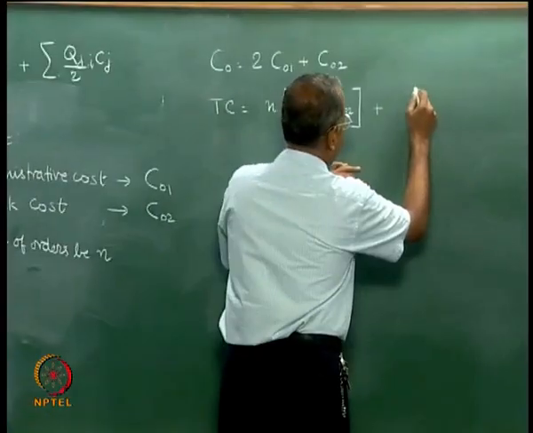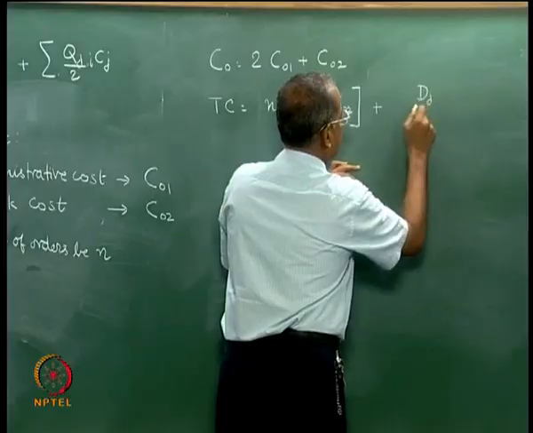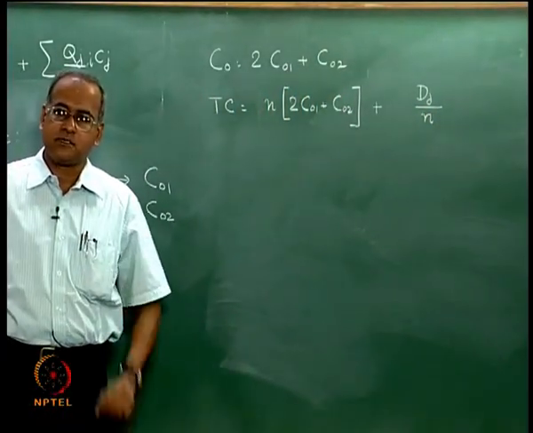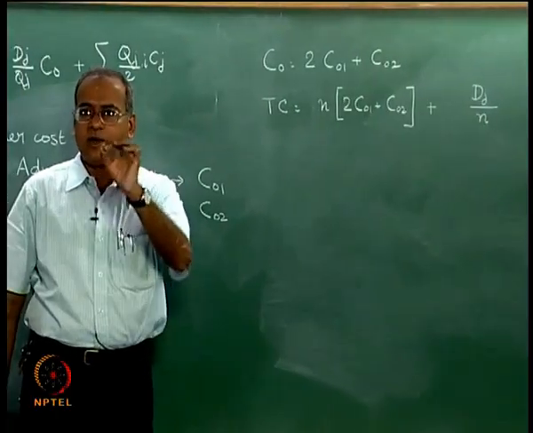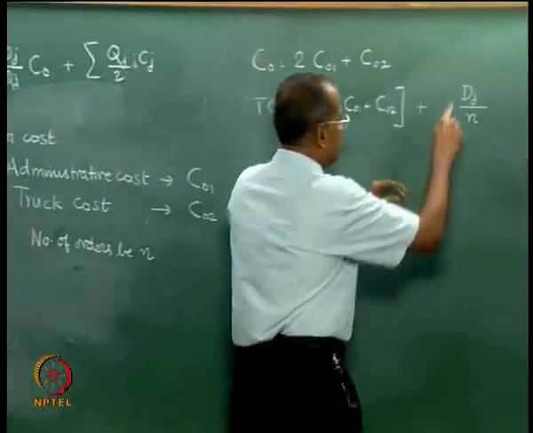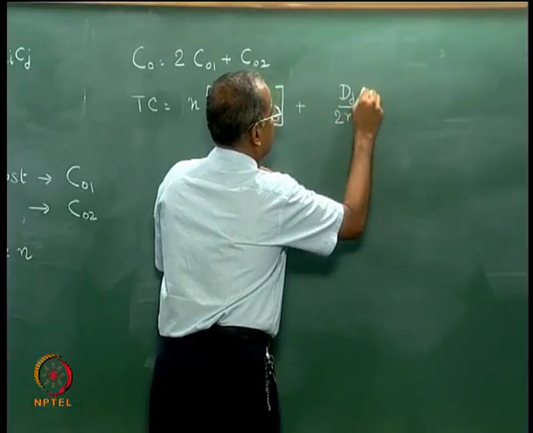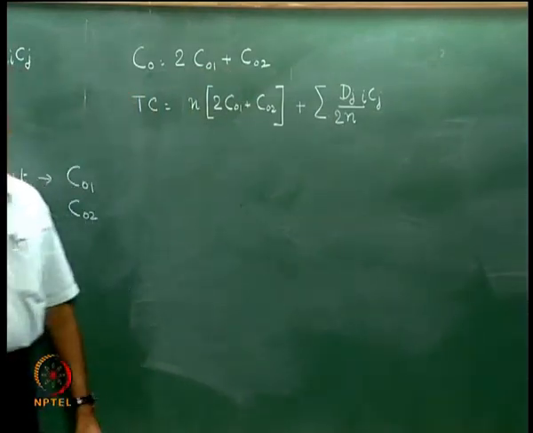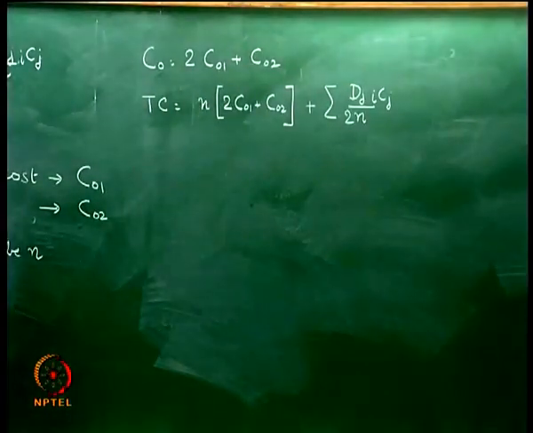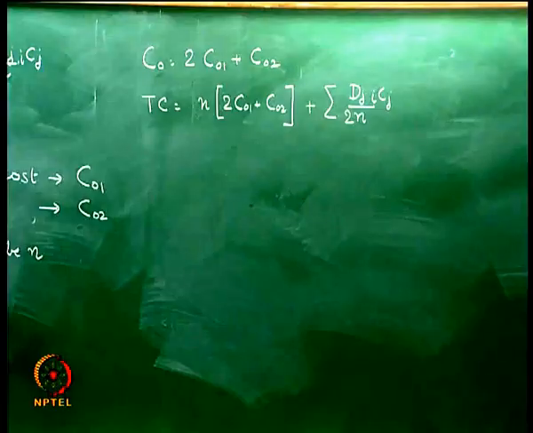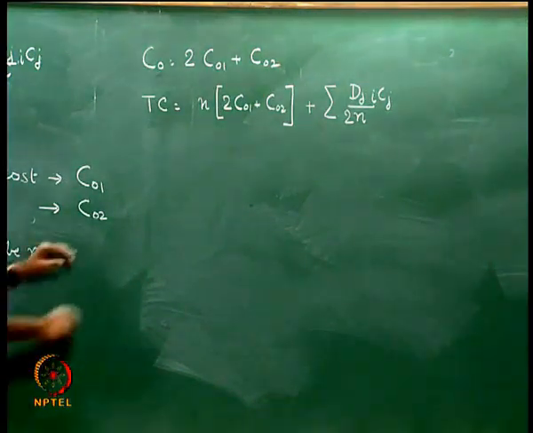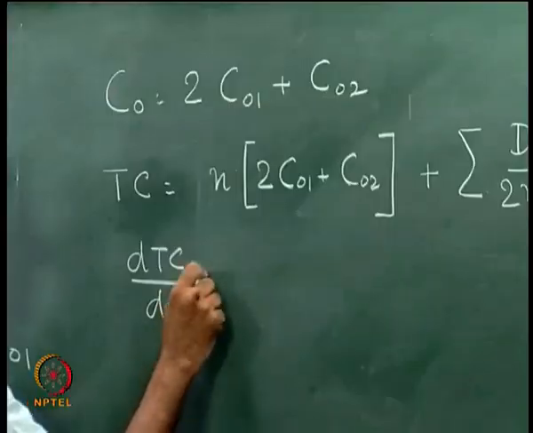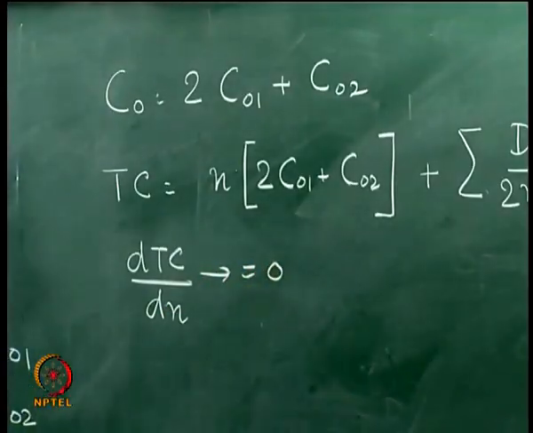So, Qj will be Dj by n, and the inventory holding cost is Qj by 2 into Icj, summed over the items. Now, we need to find out the best value of n. That can be got by differentiating dTc by dn and setting it equal to 0.